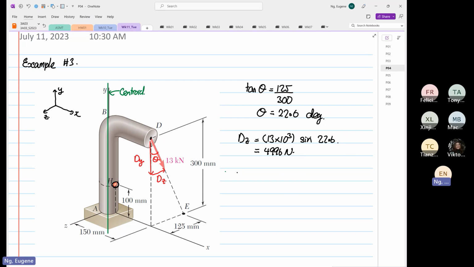And then dy is equal to 13 times 10 to the power 3 times cos 22.6, which is equal to 12,002 Newton.